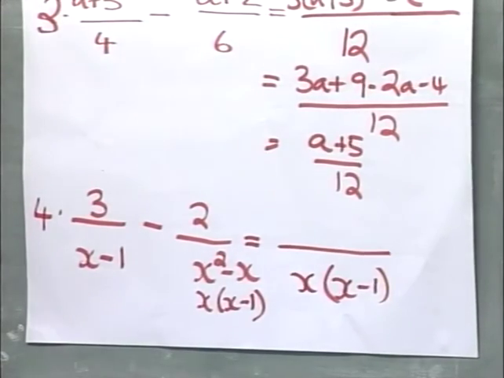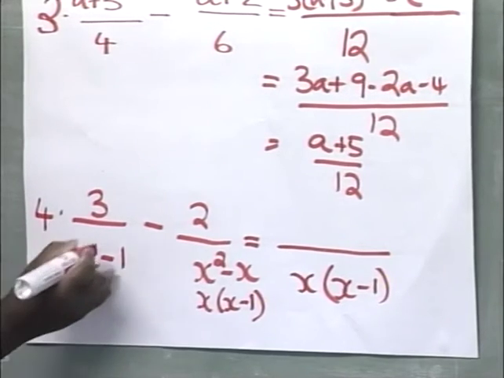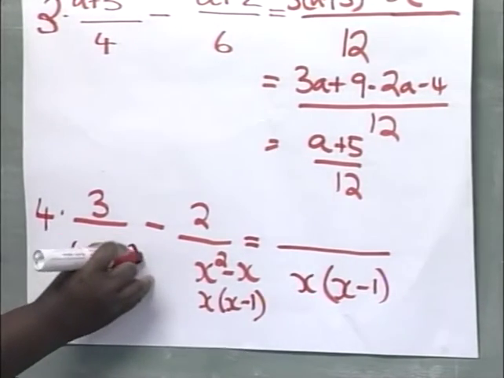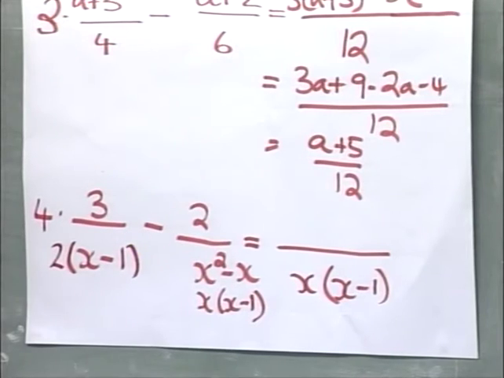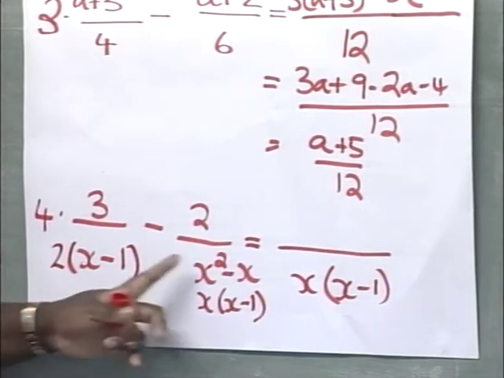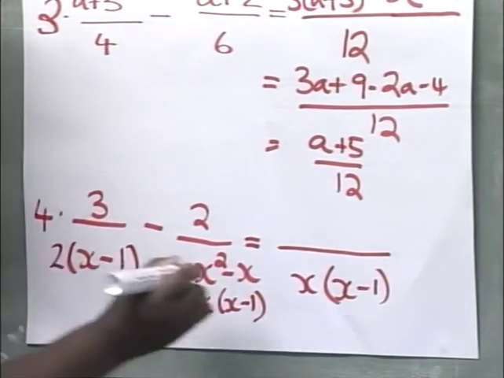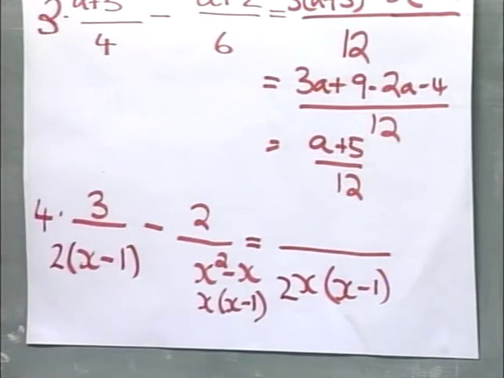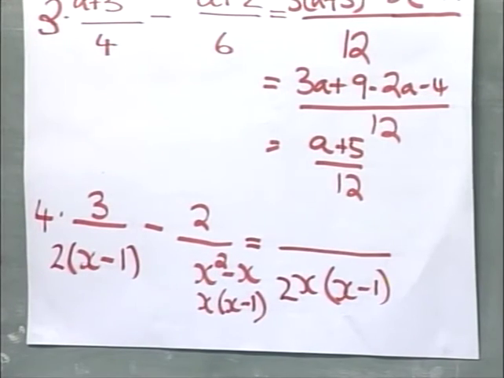If we had a 2 here, if this was 2 times x minus 1, then because 2 is only here and not here, I also have to get it and multiply it by the one that is common.